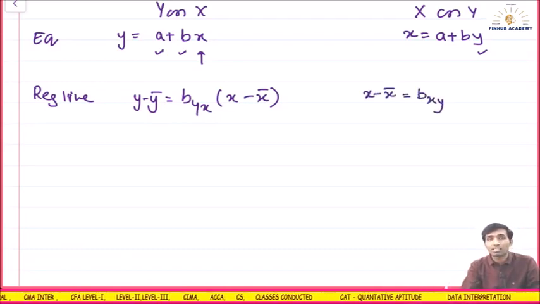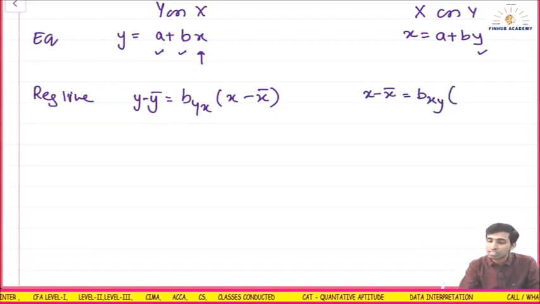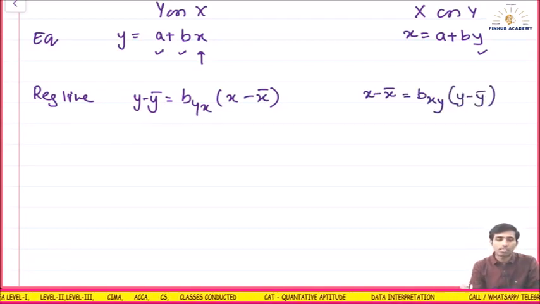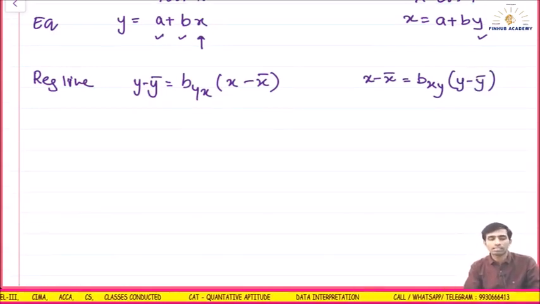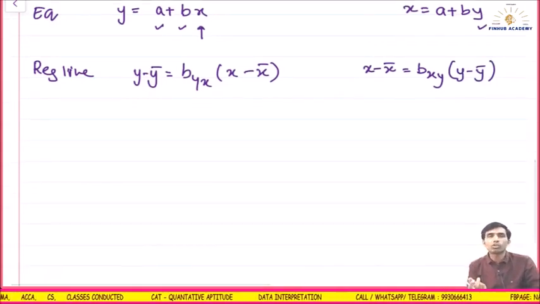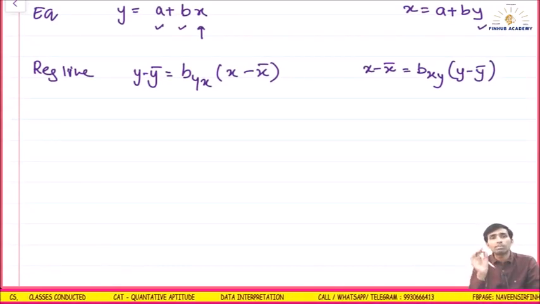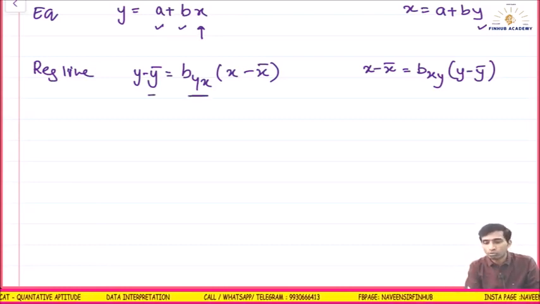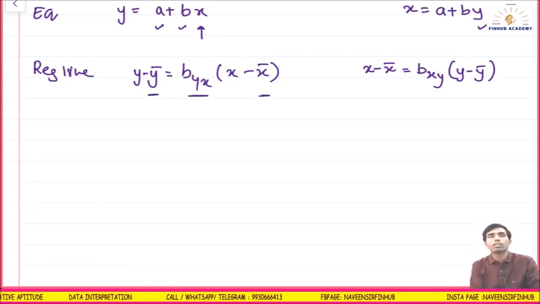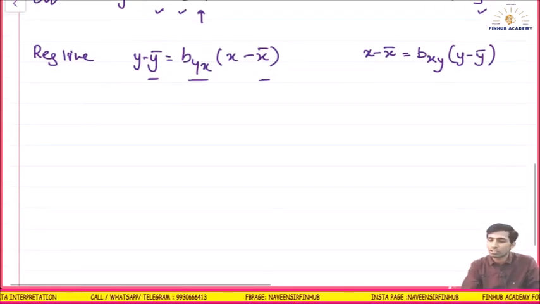See, the variables have changed. x̄ and ȳ are the means. If we know byx, the x̄ and the ȳ, you can make the y on x equation and estimate it. Same way here also.